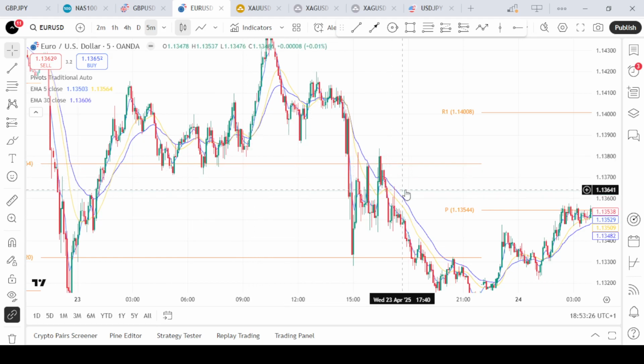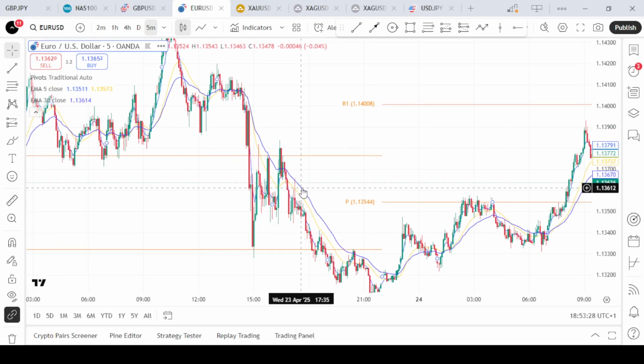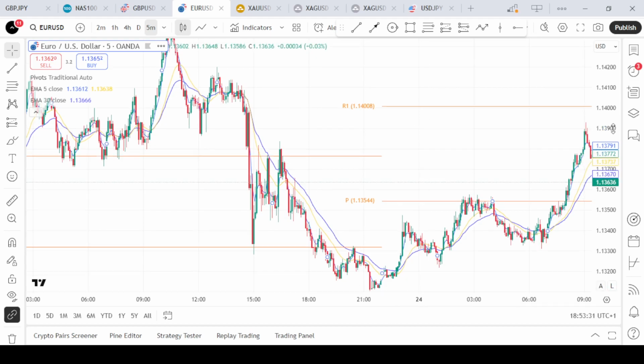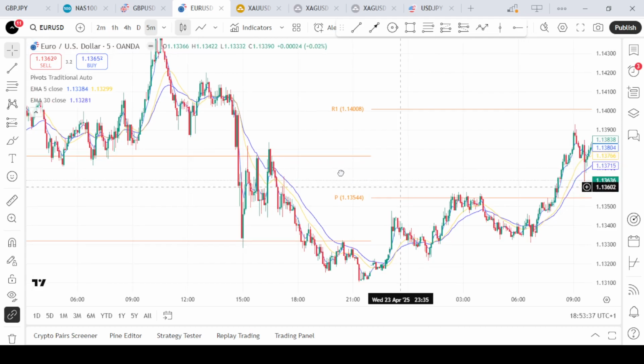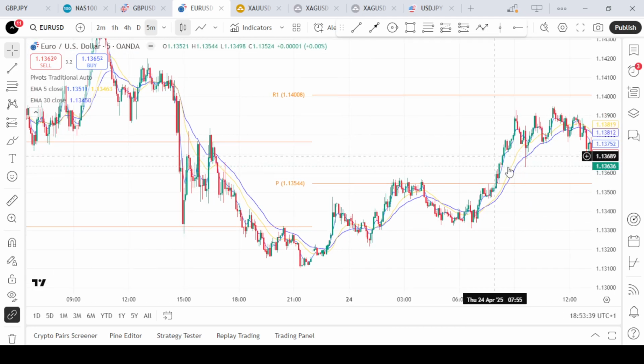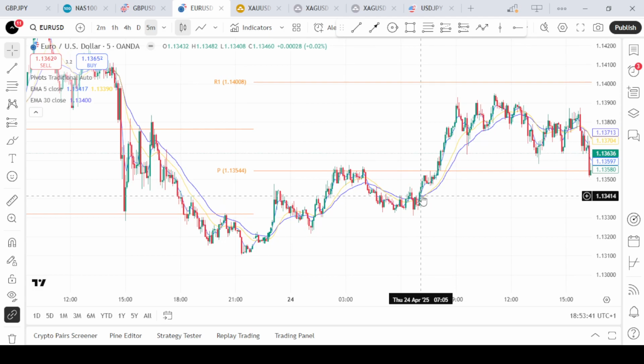Now, the simplicity and the precision of the pivot points makes them widely used by both retail and professional traders across forex, stocks, and commodity markets. They offer an objective way to anticipate market movements without relying on subjective interpretations.